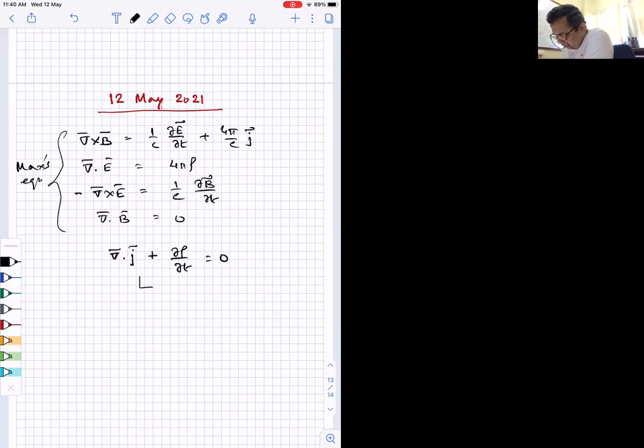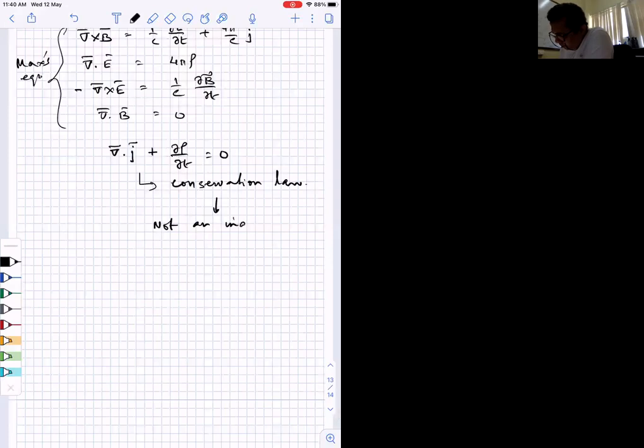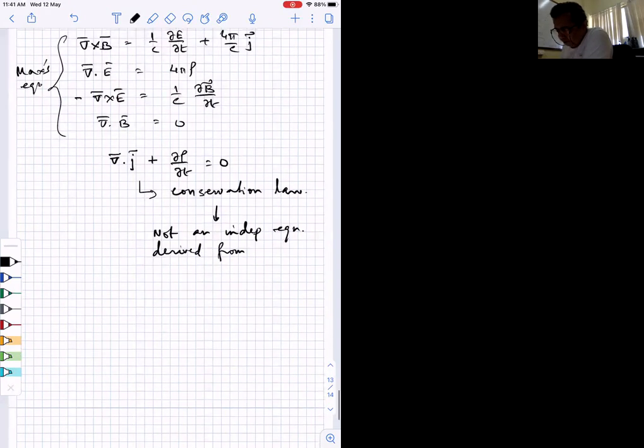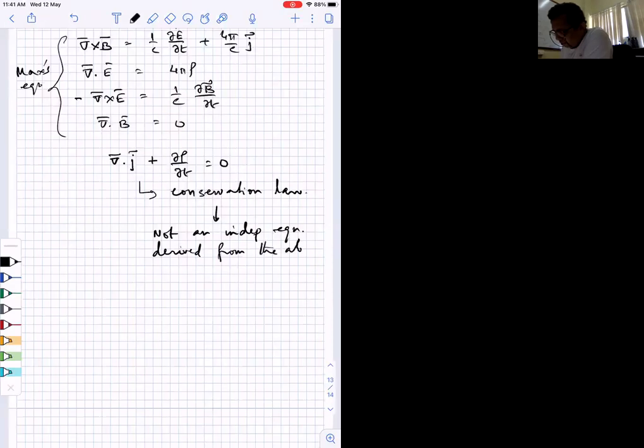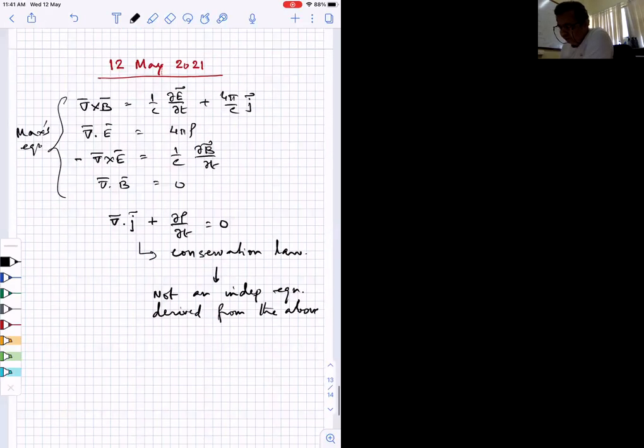This is the conservation law, not an independent equation, derived from the above. So if you take the first two equations, you can basically derive the conservation law.